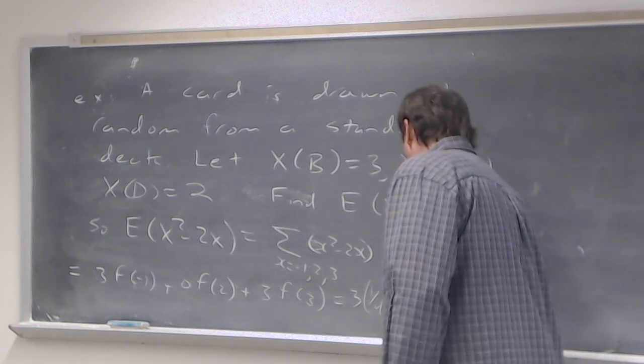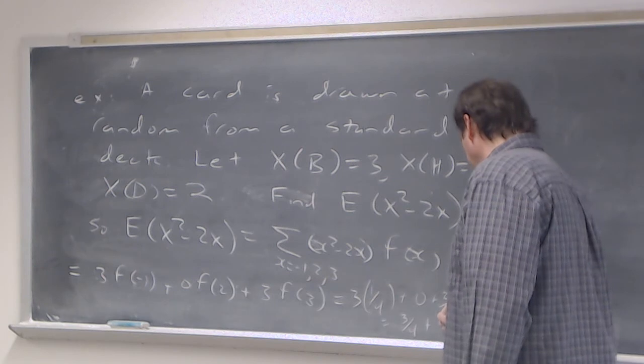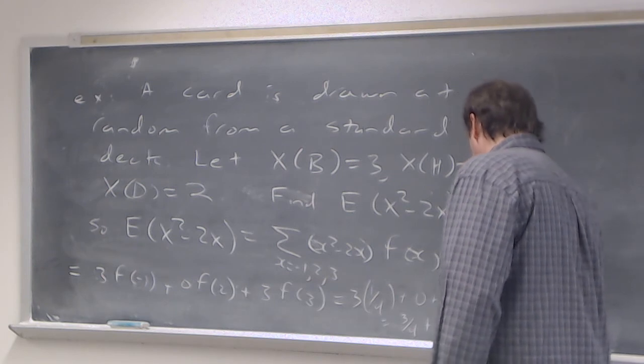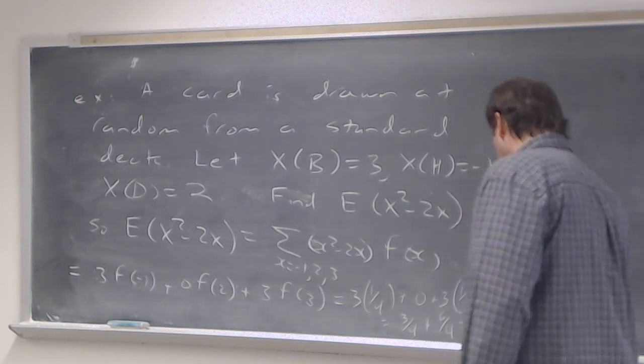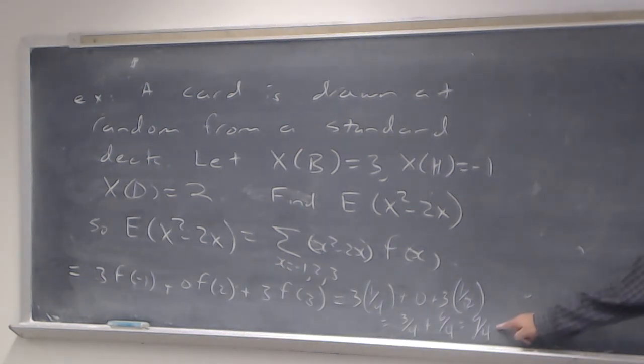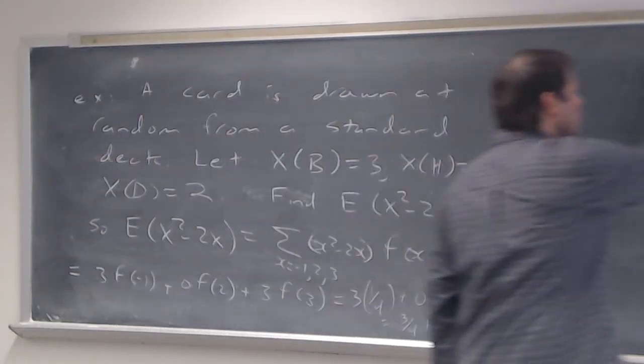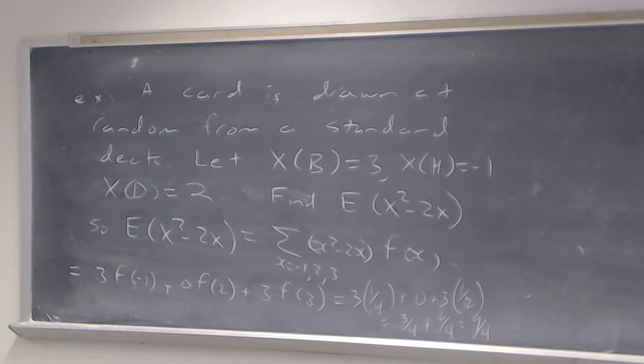So this ends up being 3/4 plus 3/2, which is 6/4, so we end up getting 9/4 as the expected value of X squared minus 2X. So 9/4. Okay. Well, I want to look at one more item.